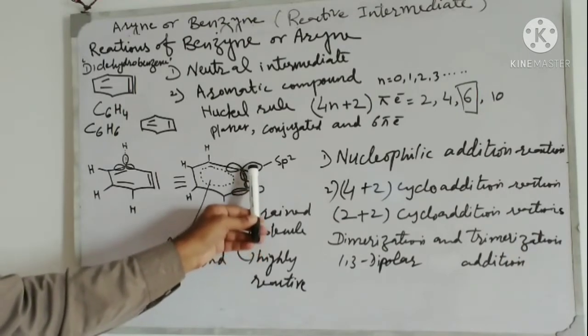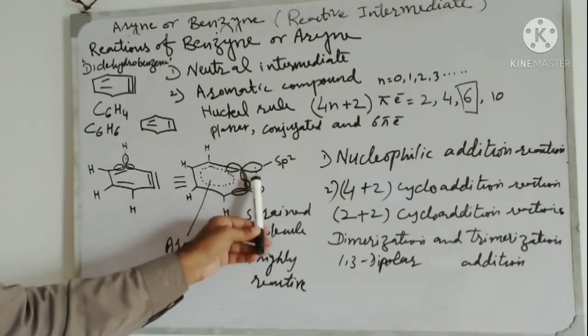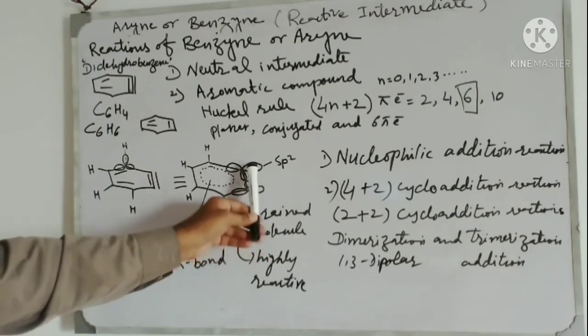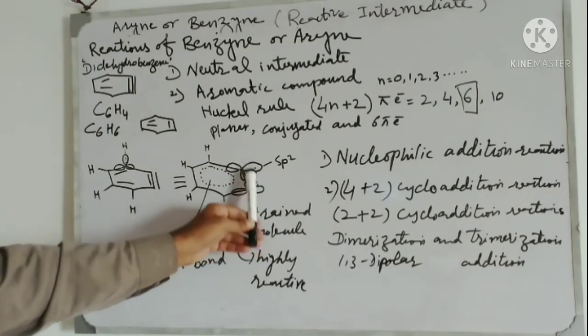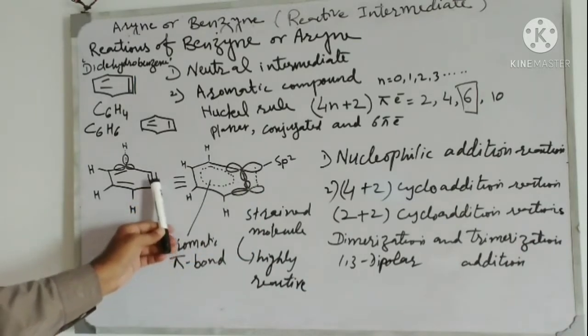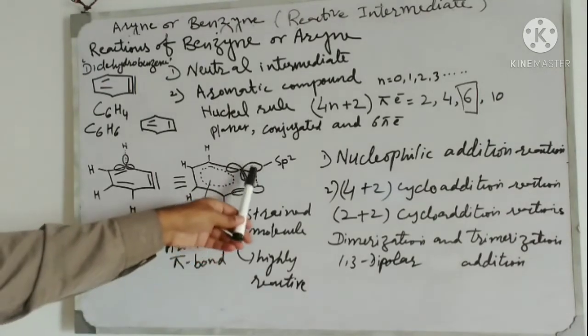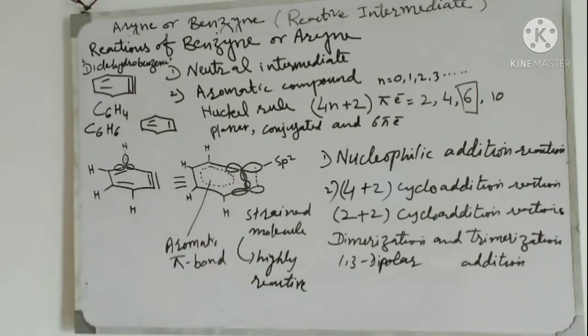This is basically a very weak bond, formed through lateral overlap, making the third bond. So benzyne is highly unstable due to this triple bond. It is a very strained molecule, so it is highly reactive.